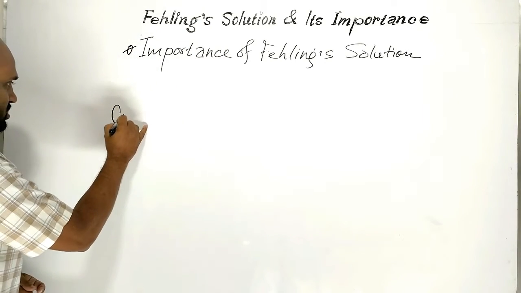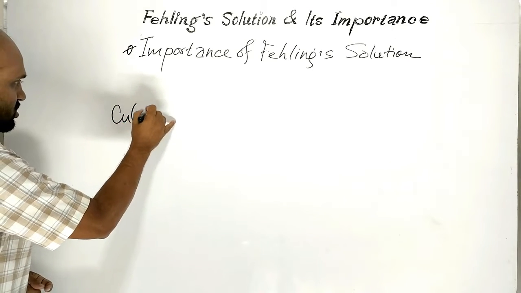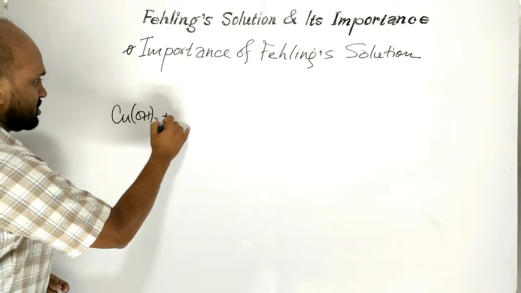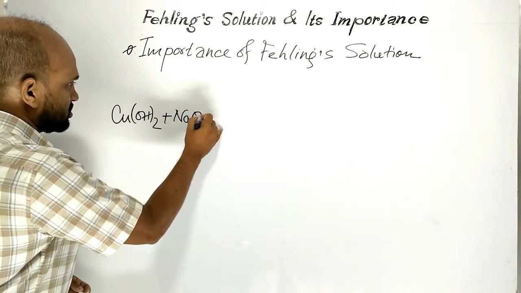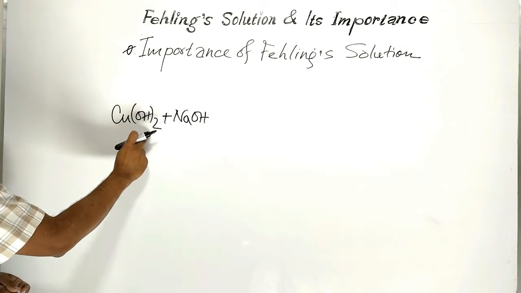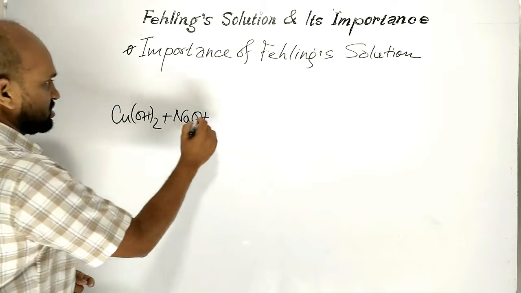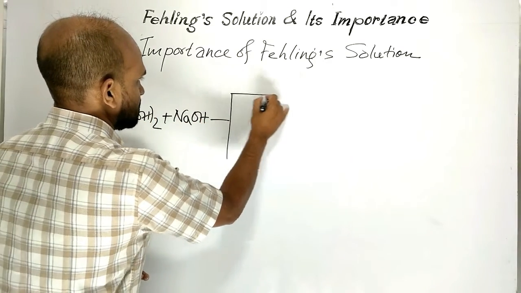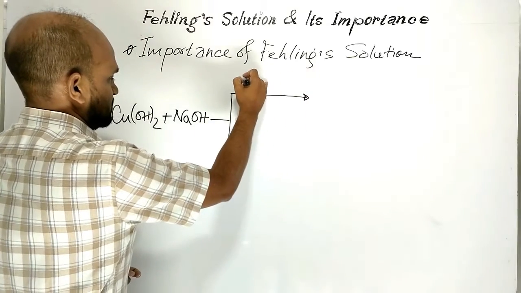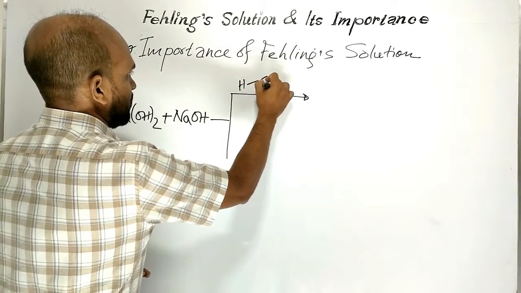Fehling solution, that is copper hydroxide and sodium hydroxide. Simply chemical formula of Fehling solution, which is treated with aldehydes. Suppose formaldehyde.